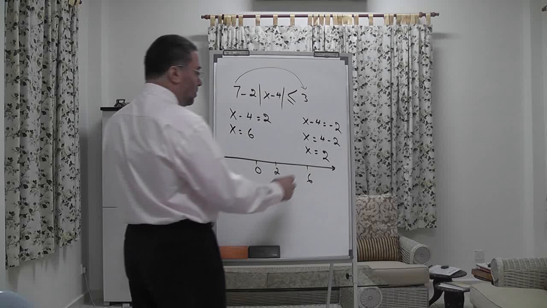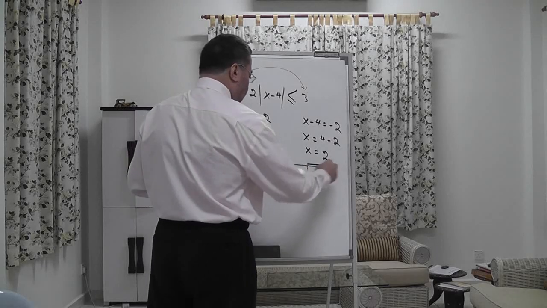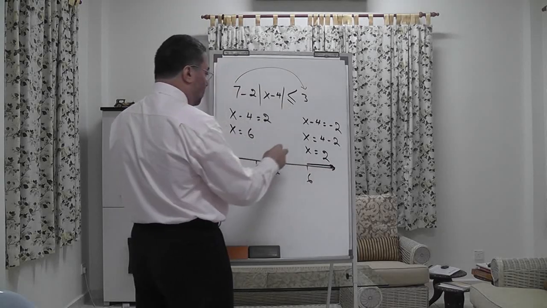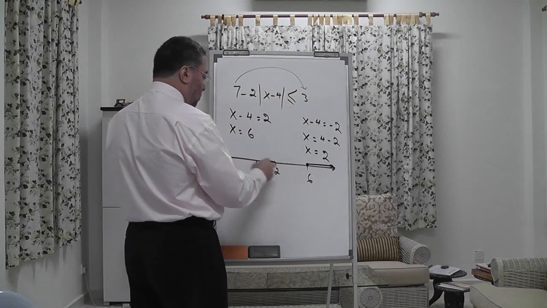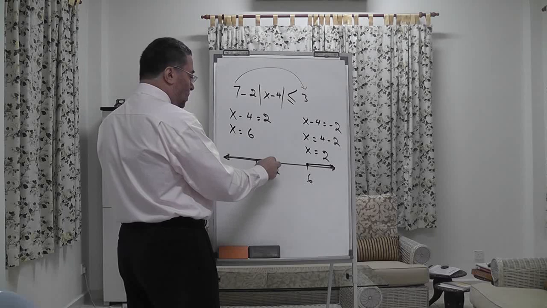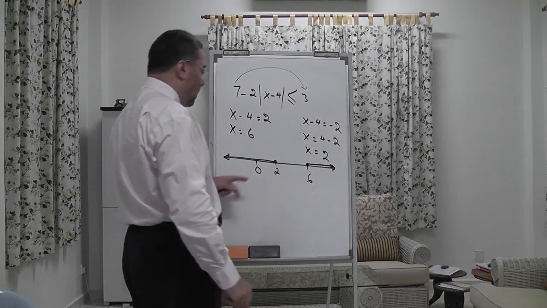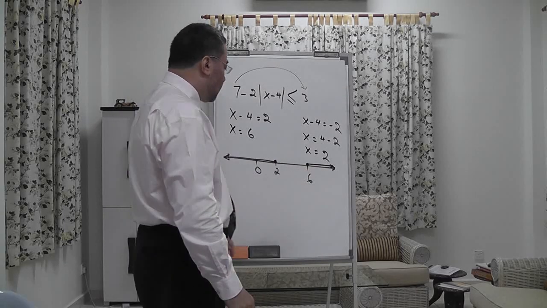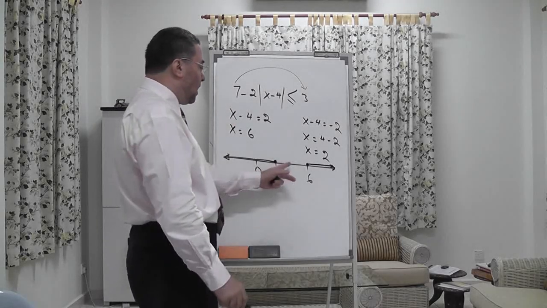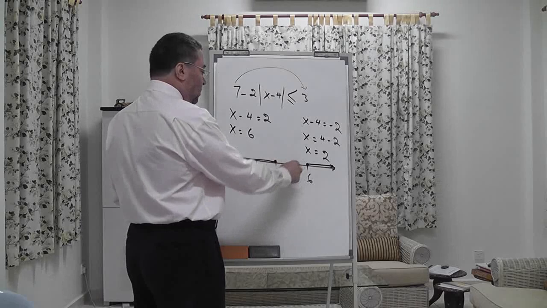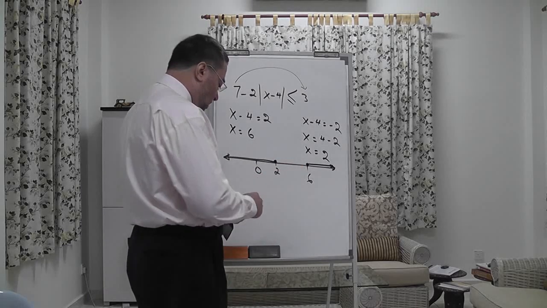And outside the roots would be more than 6, and 6 is included because we have an equal sign, and less than 2, and 2 is included because we have an equal sign. Again, we try some of the values in these regions and see if we got the correct answers, and we try a value here in this region and see if it gives us a false answer.